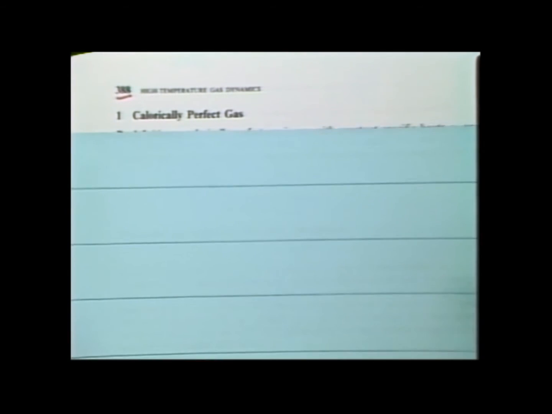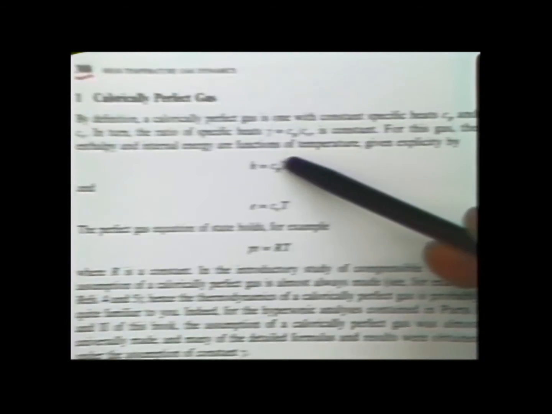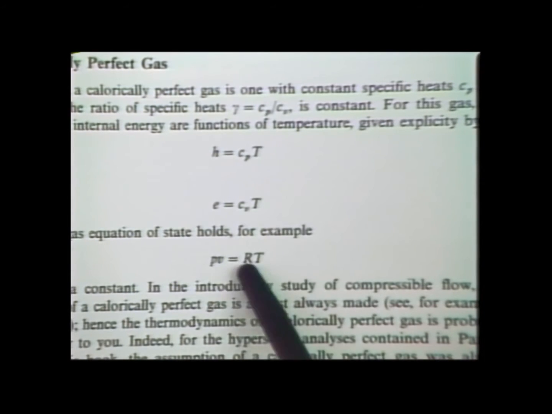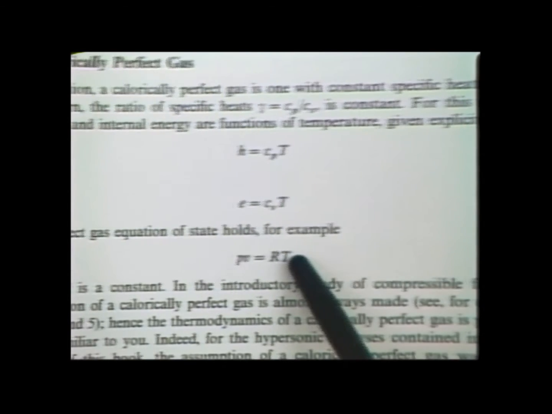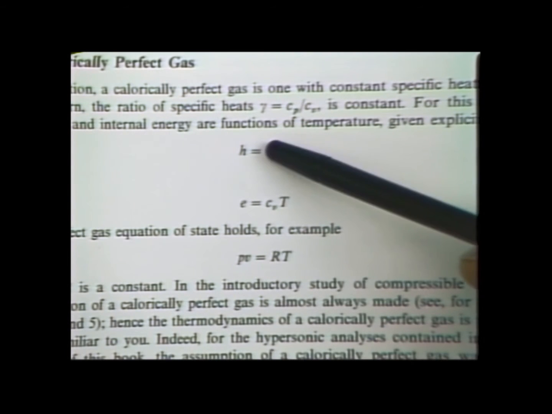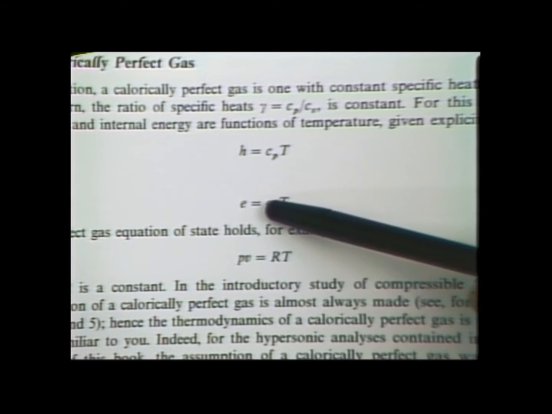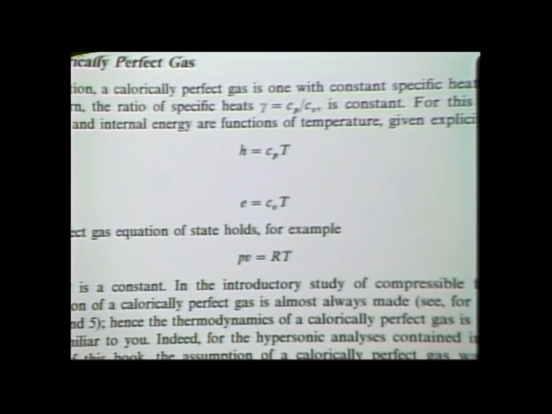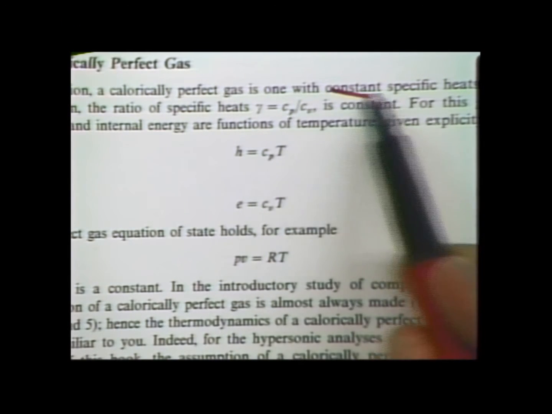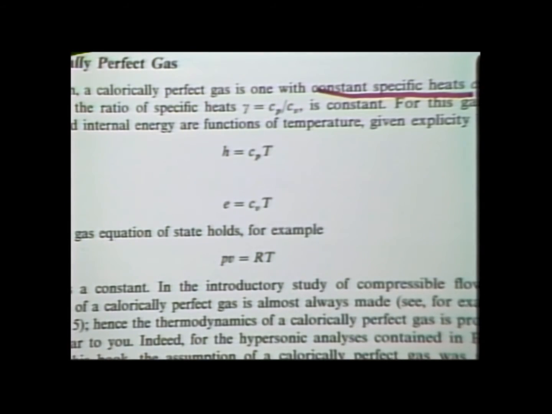What is a calorically perfect gas? It is one where the equation of state is PV equals RT, which we're familiar with, where the enthalpy is a function of temperature given by the specific heat times temperature, and where the specific heats are constant. That's the key. Constant specific heats. You see it there on the monitor. That's what a calorically perfect gas is.